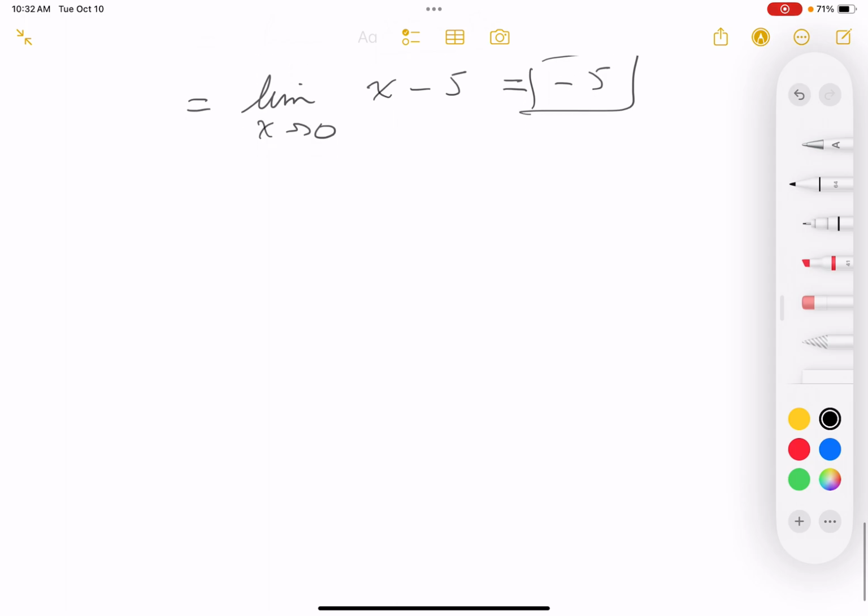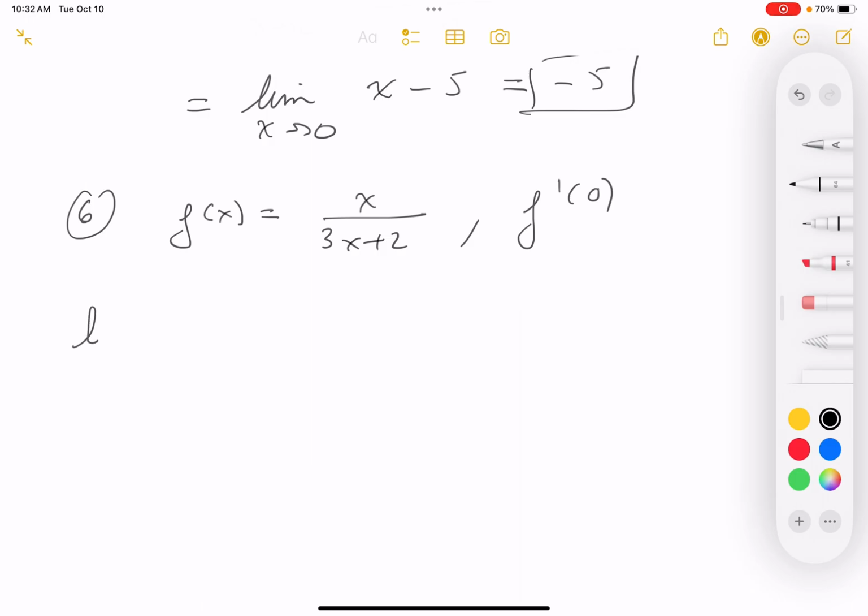Let's go to example number 6. Number 6 is f of x equals x over 3x plus 2. And they want me to find, by definition, f prime of 0. Maybe I should write down what we're doing here first, right?